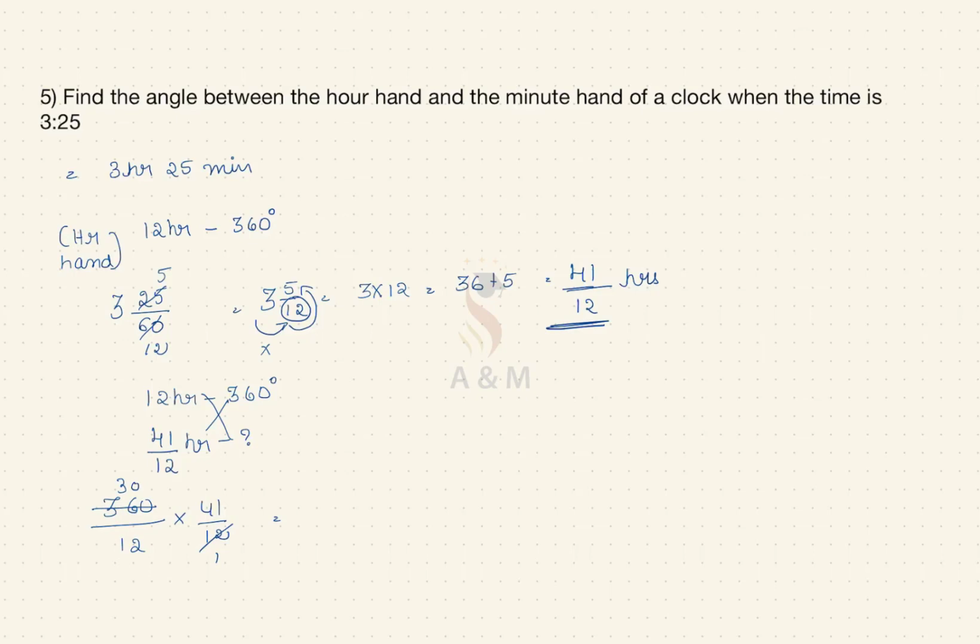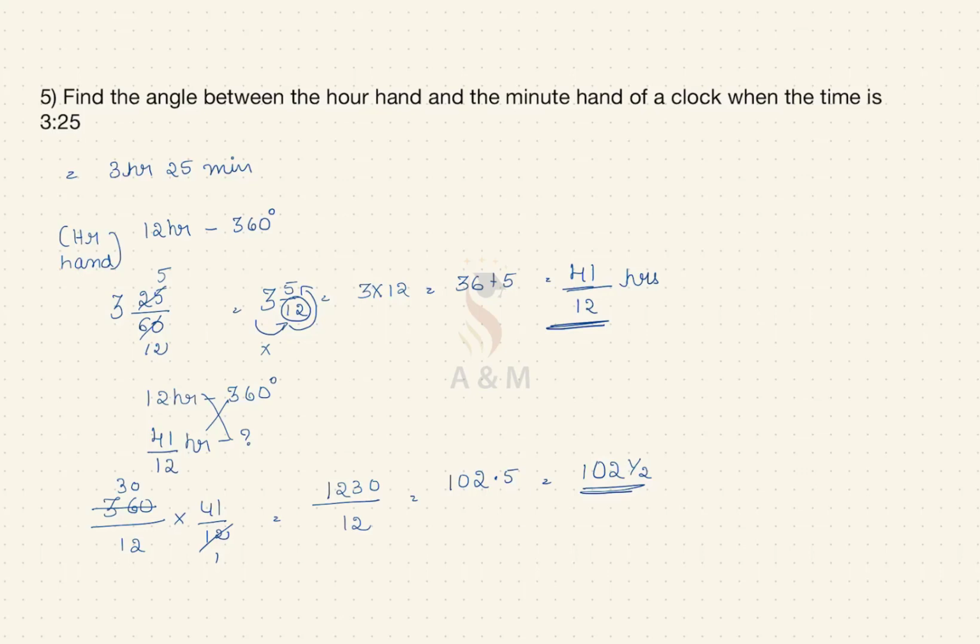So 30 into 41 will be 1230 by 12. When you divide this, you get 102.5. So this you have got, correct?